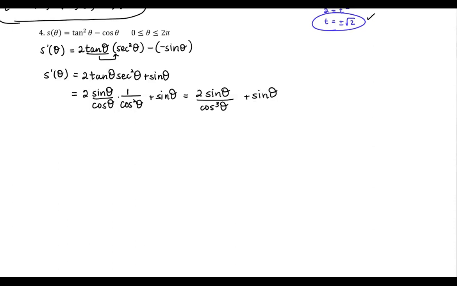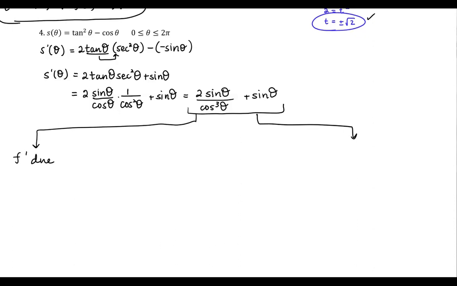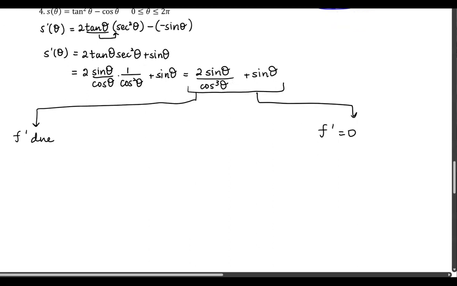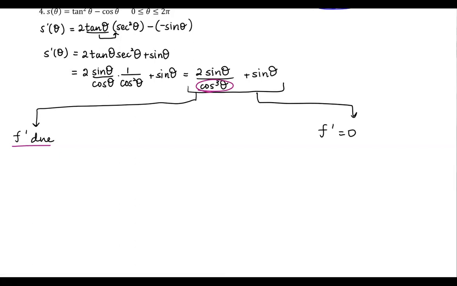And then the two things that we are interested in from this derivative to find our critical values is from this whole derivative, we are interested in where it either does not exist or where it is equal to 0. To find where it does not exist, that would be where its denominator is equal to 0, because fractions do not exist where their denominator is 0.